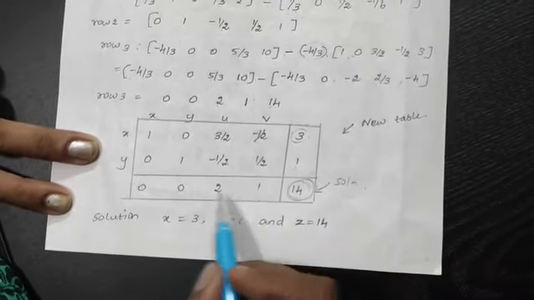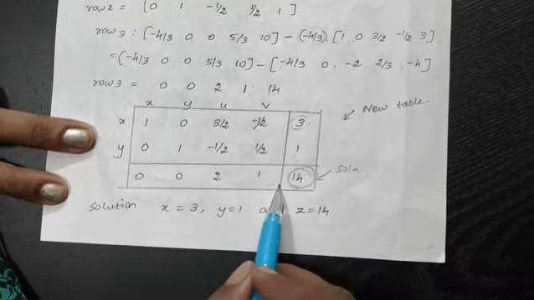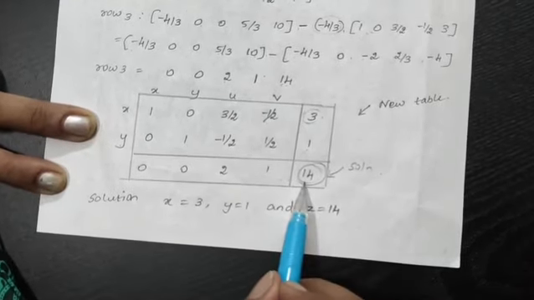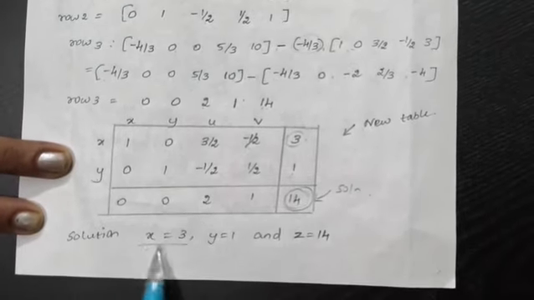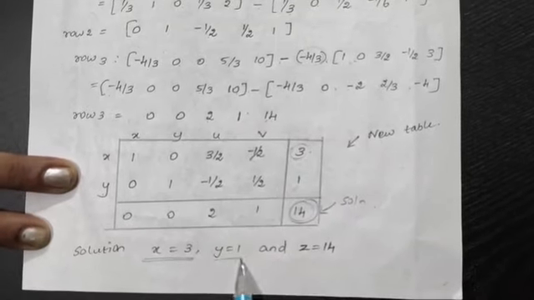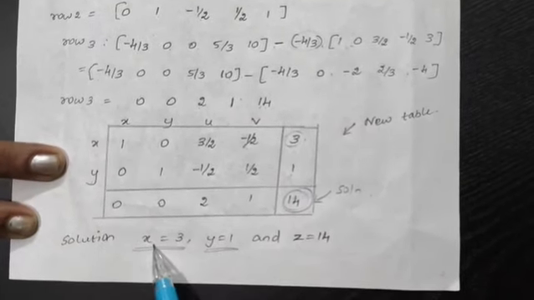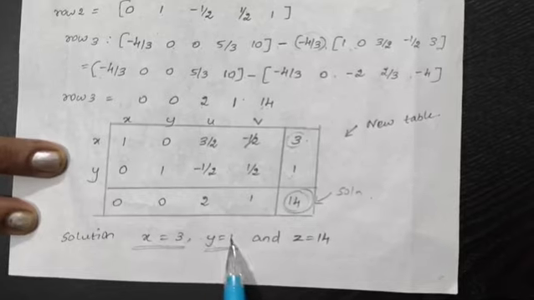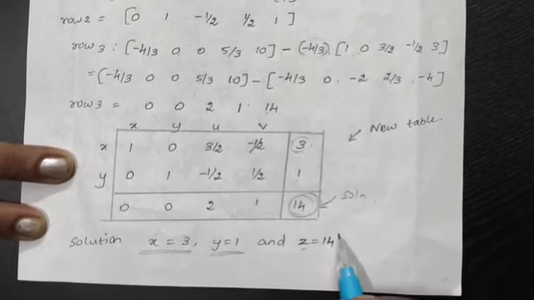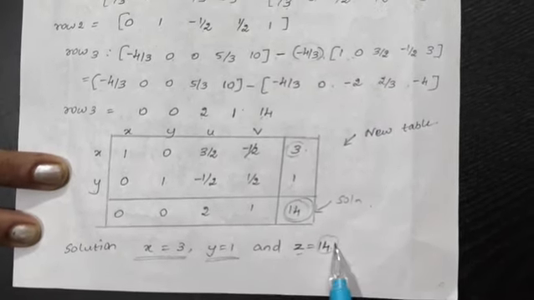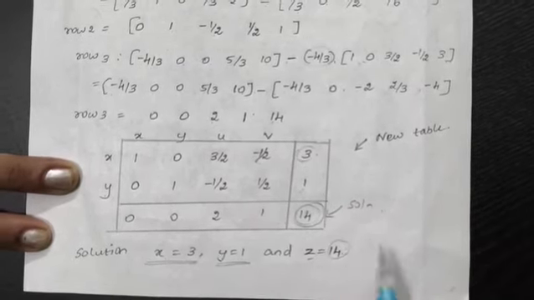Now we are checking the last row value. There is no negative entry, so this is our optimal solution. We are taking the value of x as 3 and y as 1. If you place these values in our objective function z, we are getting the value 14. So 14 is our optimal solution.